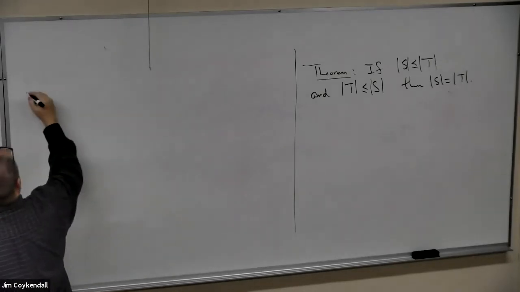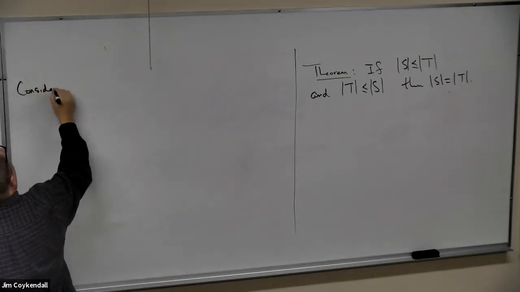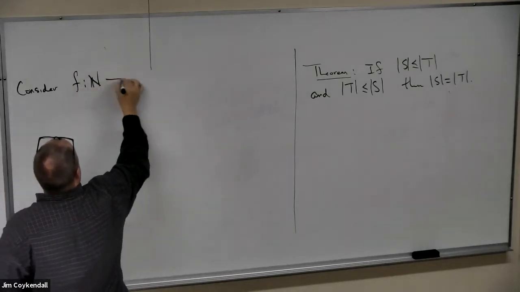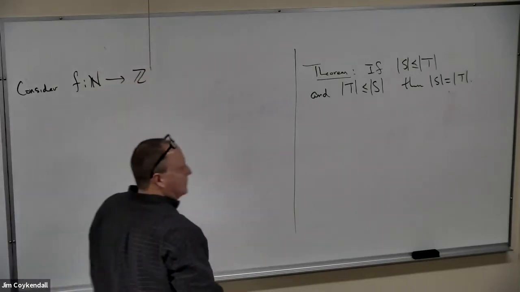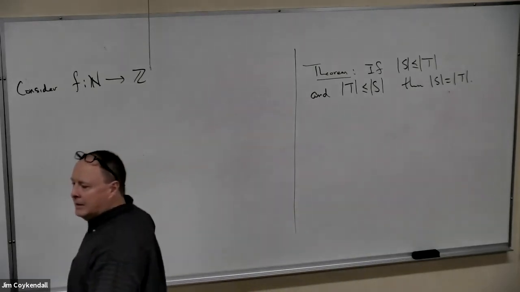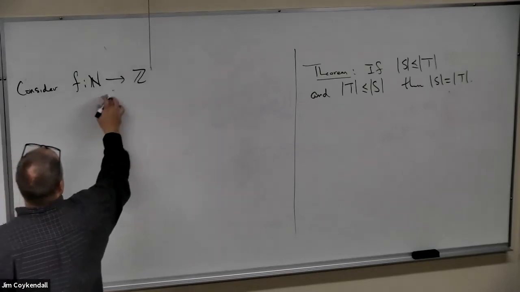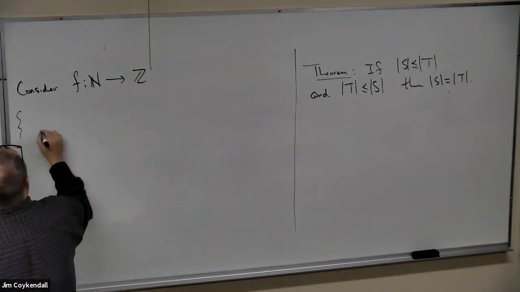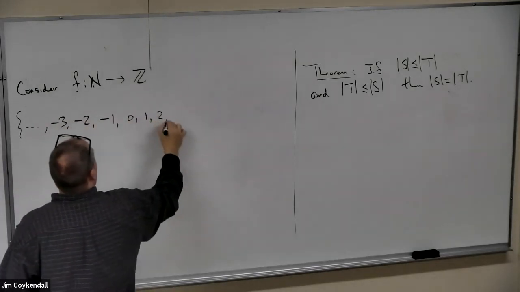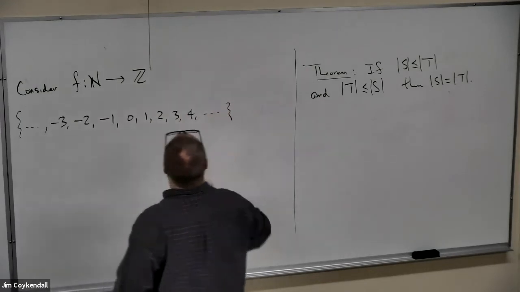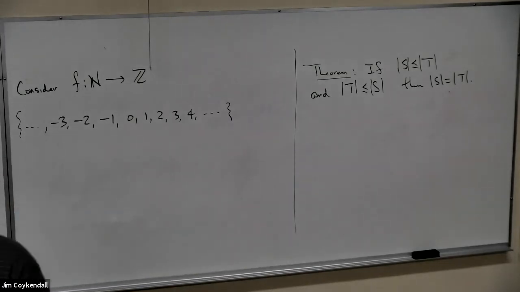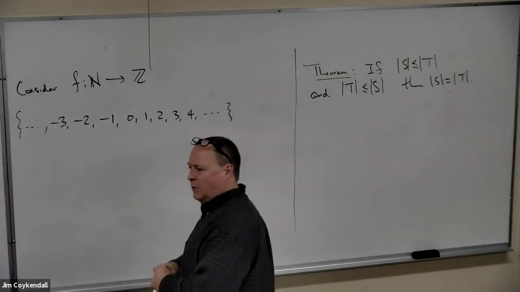Consider, see if y'all can help me think of a function from the natural numbers to Z that's one-to-one and onto. I'm going to do my function assignment this way, and this is kind of a little wrapping thing here.